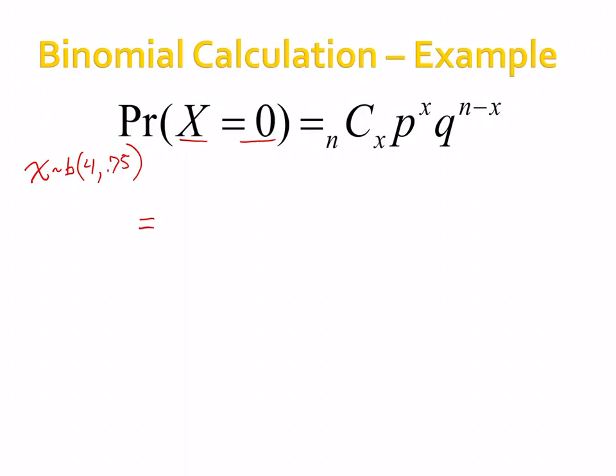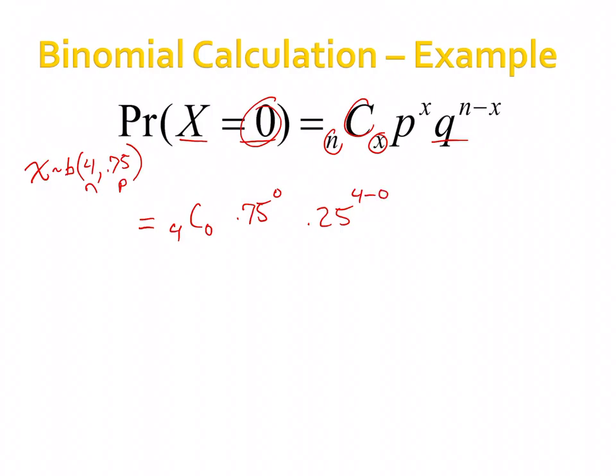Our nCx, well, our n is 4, choose x, which is our 0, times our p, which is 0.75, to the x power, which is 0, times q, which we calculated as 1 minus p, which is 0.25, to the n, which is 4, minus our x, 0.